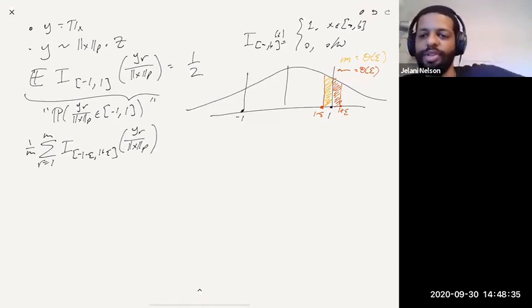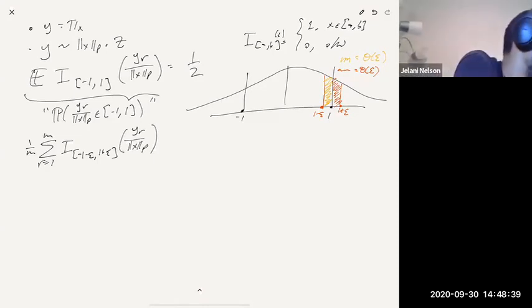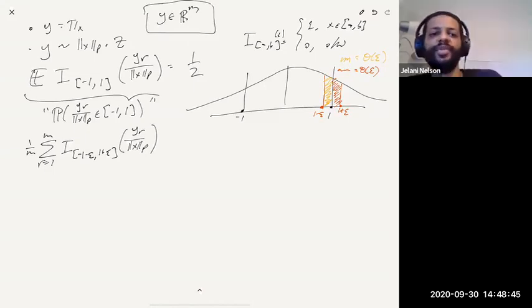So y has m different entries, it's an m-dimensional vector, because pi has m rows.